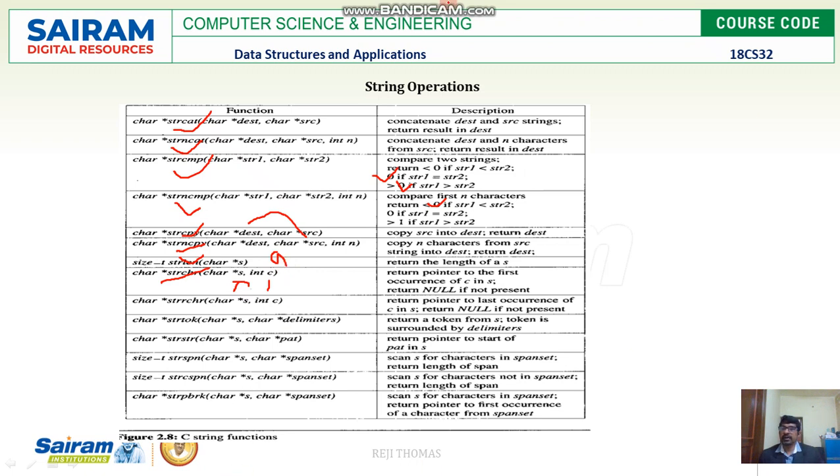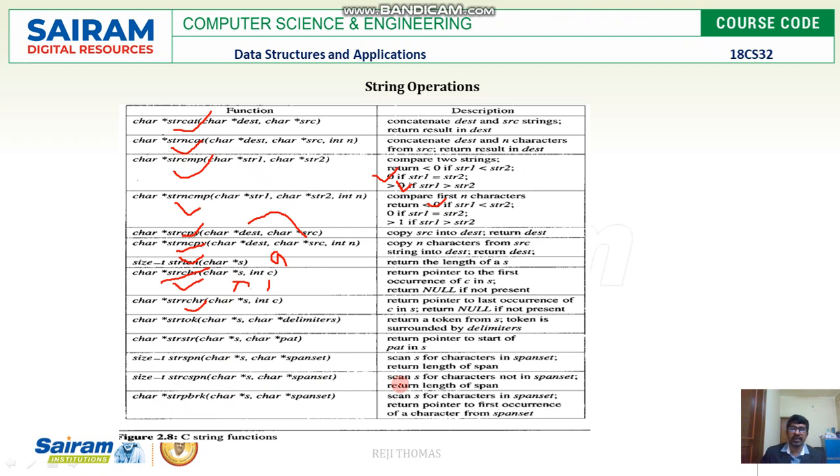Same way we have strrchr, which returns a pointer to the last occurrence of the character. Remember this: strchr is going to give you the first occurrence and strrchr is going to give you the last occurrence.